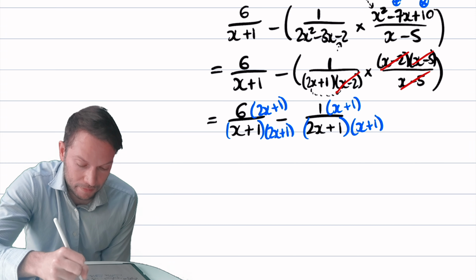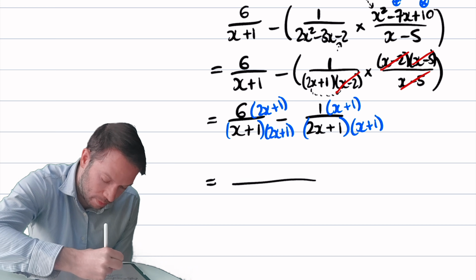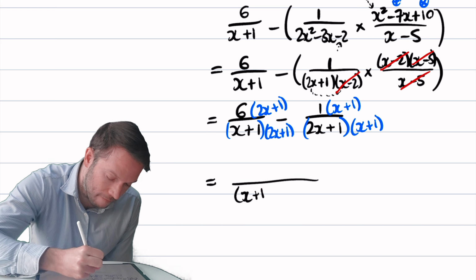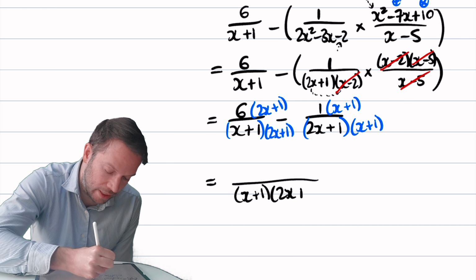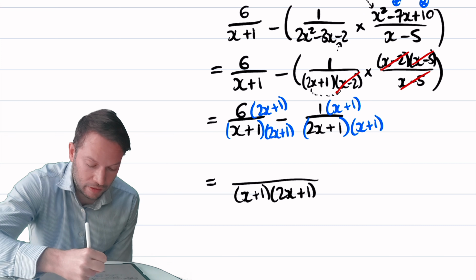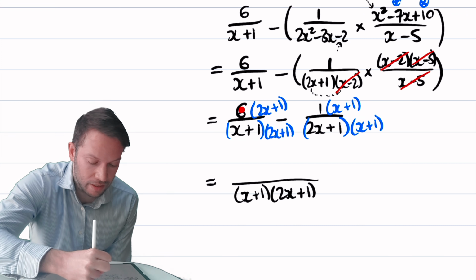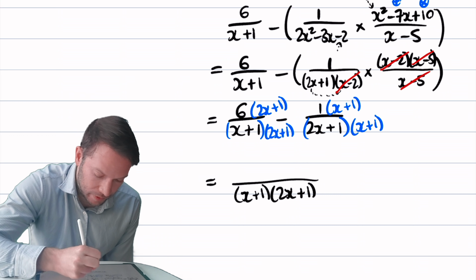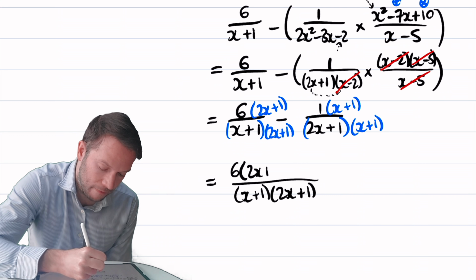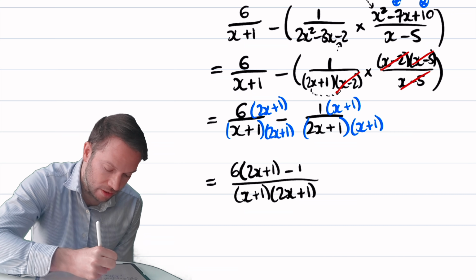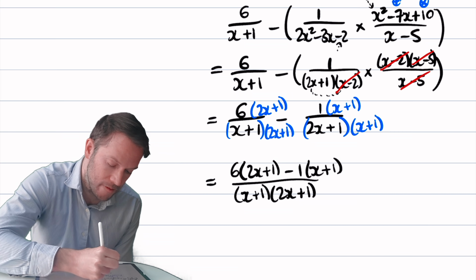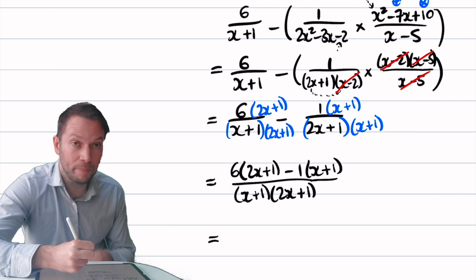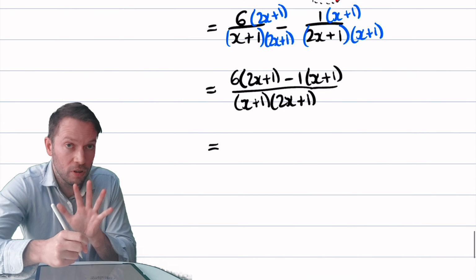So let's do that. I've now got a denominator of x plus 1, 2x plus 1, which means because I have this common denominator, I can just subtract these numerators. So I've got 6 brackets 2x plus 1, subtract 1 times x plus 1. Remember, we expand and simplify the numerator, but do not touch the denominator.